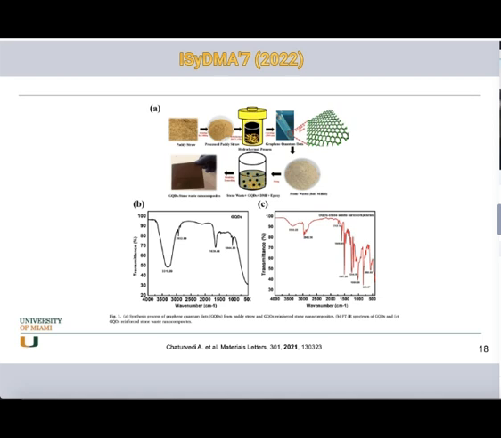In this particular case, he used what we call paddy straw and made it into a powder, and using a hydrothermal process at 160 degrees centigrade for a few hours, he produced the quantum dots.